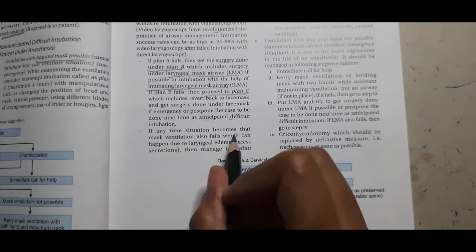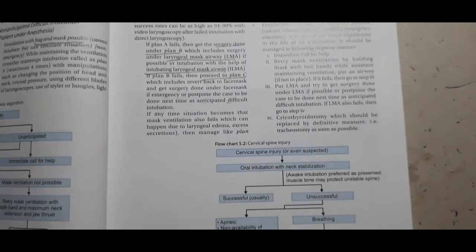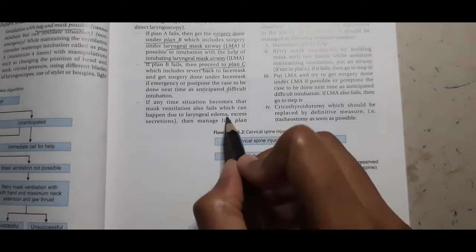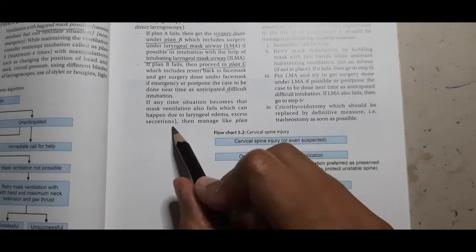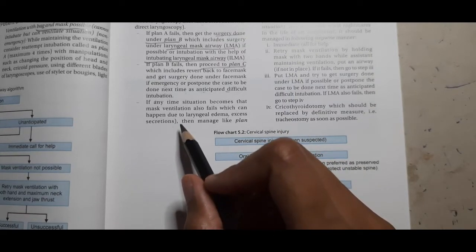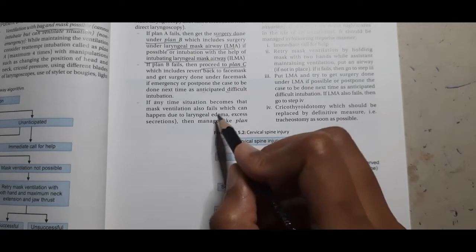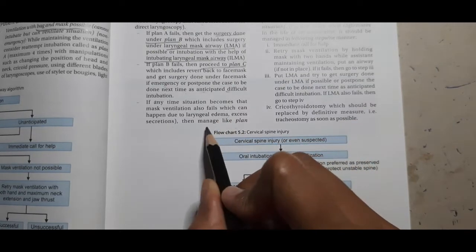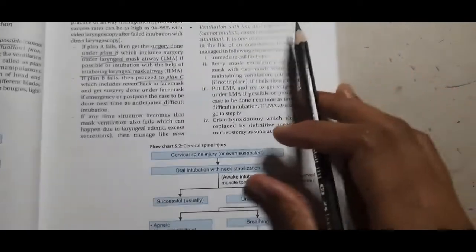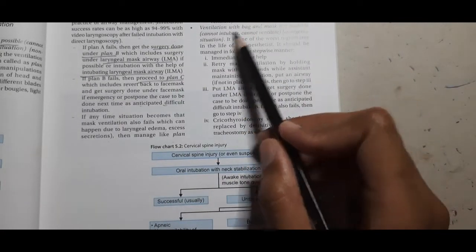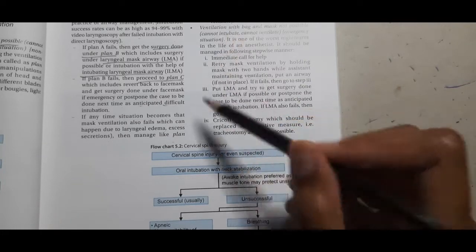If at any time the situation becomes such that mask ventilation also fails, then it might cause laryngeal edema, or excess secretions might be observed. Then after plan C also fails, there is a plan D, where ventilating with bag and mask is not possible, and cannot intubate and cannot ventilate also.